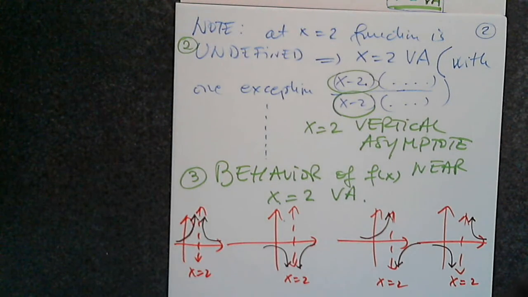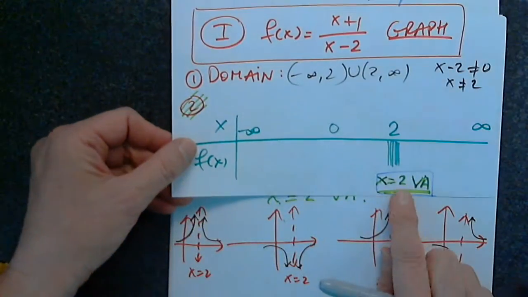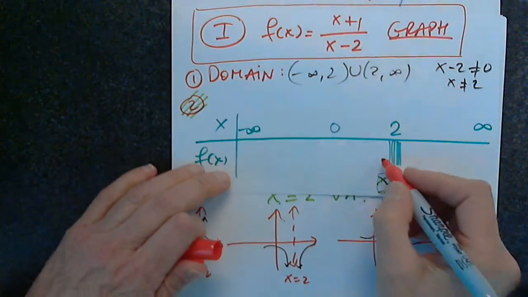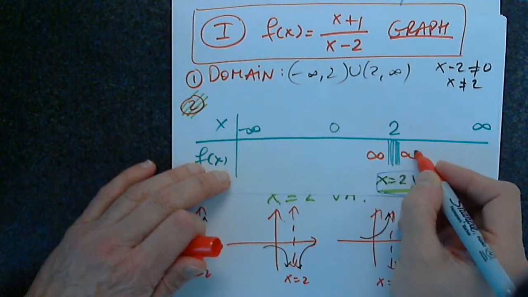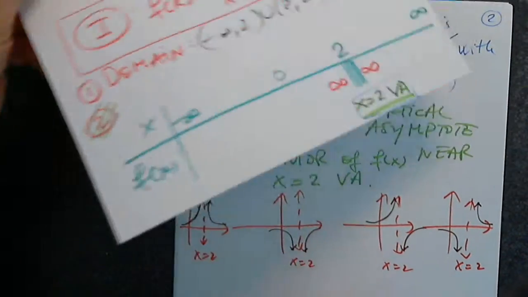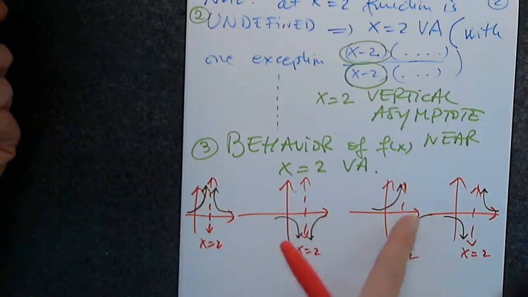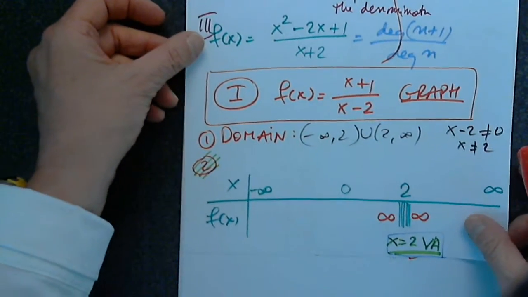And how will I determine this? Very simple. So when x equals 2 is a vertical asymptote, I can already state that left and right the function will go to infinity. I don't know the sign yet. Remember, there are 4 possibilities. Both sides positive, both sides negative infinity, and so on. How will I know?